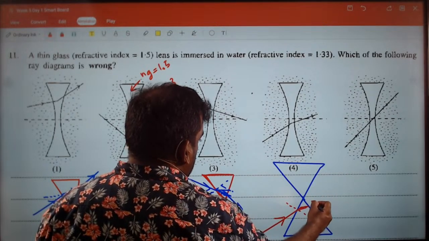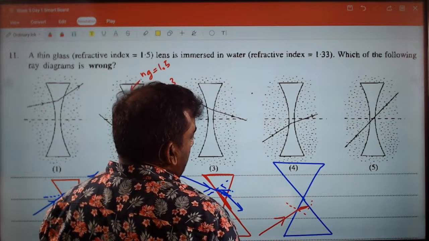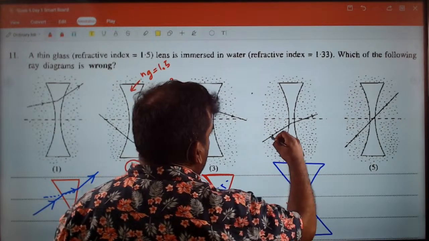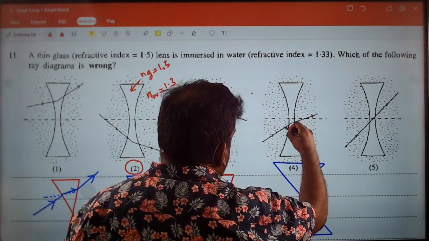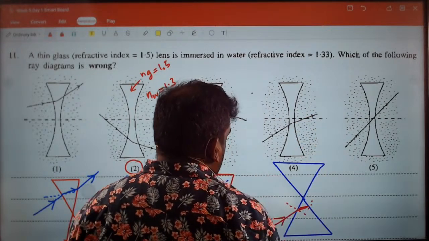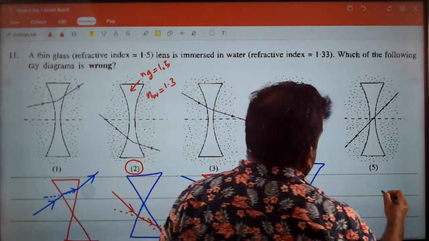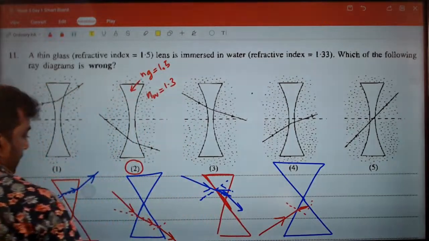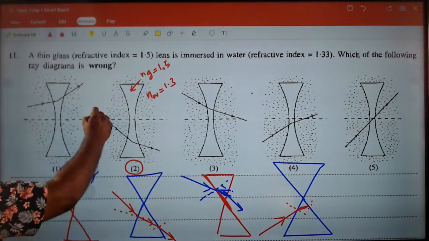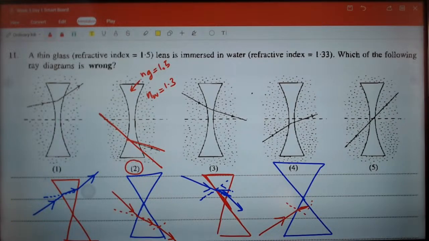Denser, rarer: away. So denser, rarer away means this will push it away slightly. This one going through the center is undeviated, correct. Now this can't come towards, no? It should go away, no? It can't come towards, it should go away.